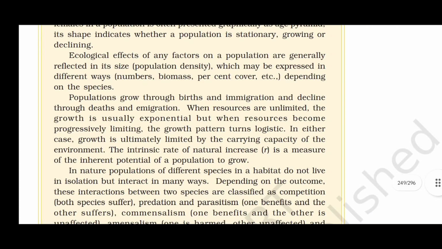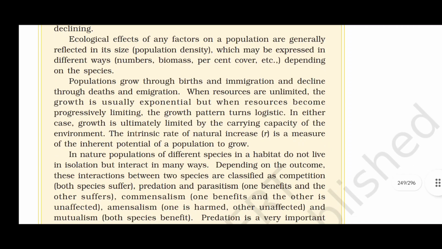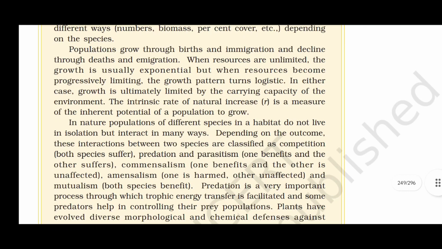Ecological effects of any factors on a population are generally reflected in its size, population density, which may be expressed in different ways: numbers, biomass, percent cover, etc., depending on the species. Population grows through births and immigration, and declines through deaths and emigration.